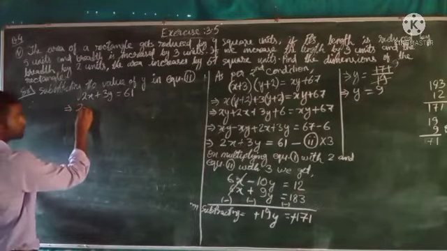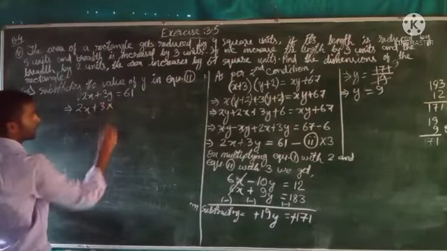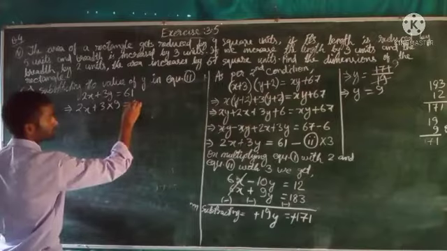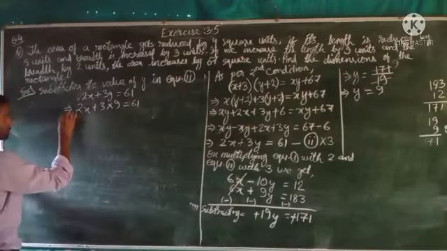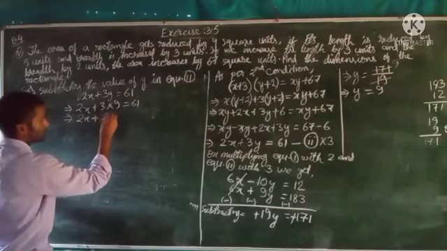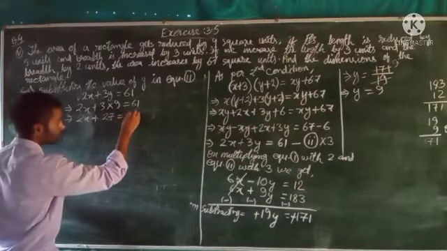So now 2x plus 3 into y, we got here it is 9, is equal to 61. Now 2x plus 3 into 9, 27 is equal to 61.